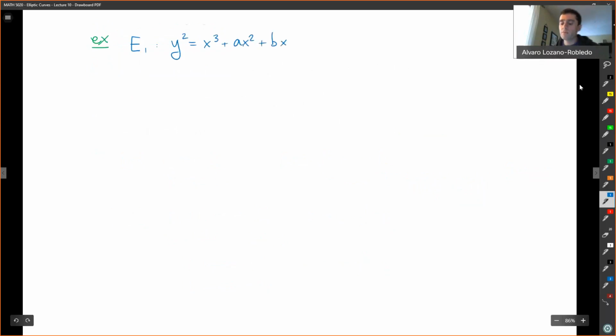This is not a short Weierstrass form, you see that there is an x squared term, so it's a long Weierstrass form, but it's missing a few of the coefficients. And I'm going to define E2 to be y squared equals x cubed minus 2ax squared plus (a squared minus 4b)x.